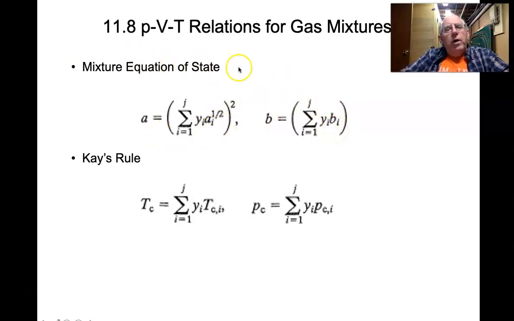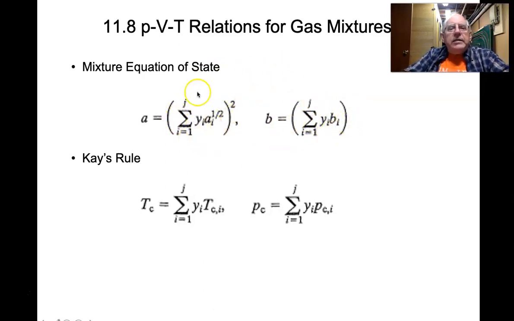One way of bringing together the equations of state for each of the components is to weight them by the corresponding mole fraction in some type of summation process.